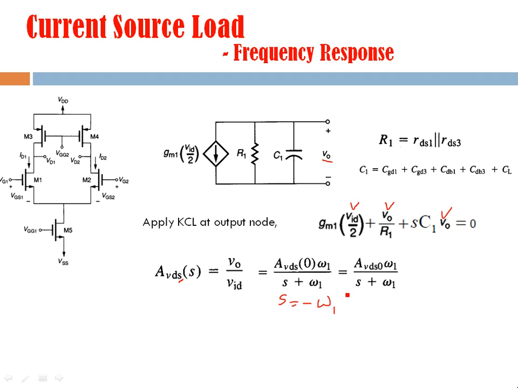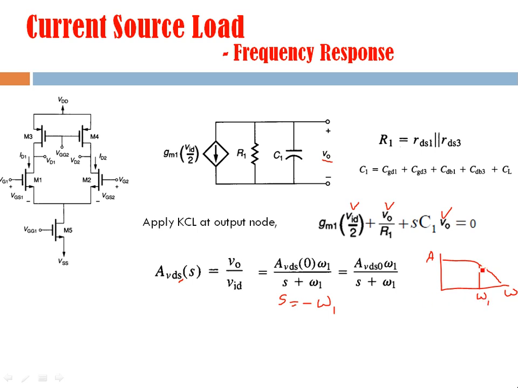Infinite gain is not possible, but actually what happens is, here if this is omega and this is A, the gain will be something like this. So at this particular point, when S is equal to omega 1, we get the first corner frequency, and here there is only one corner frequency.